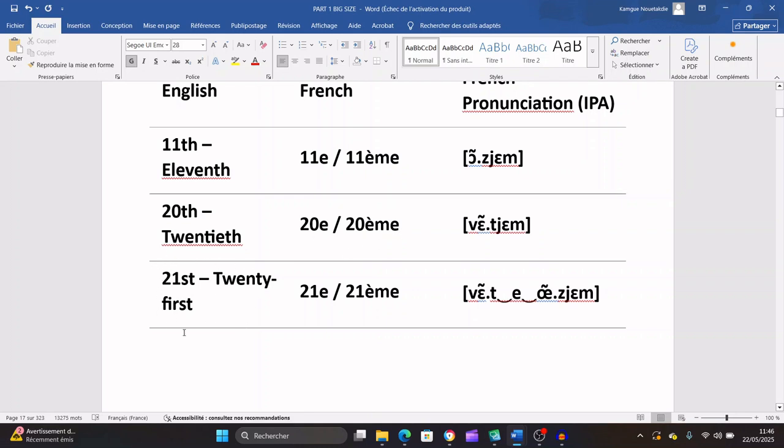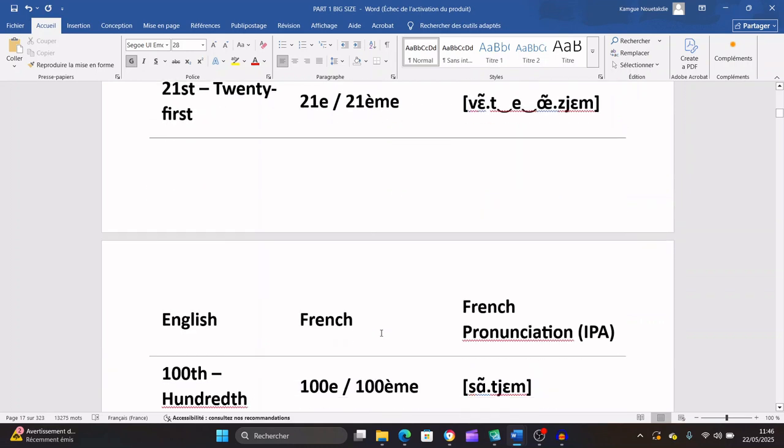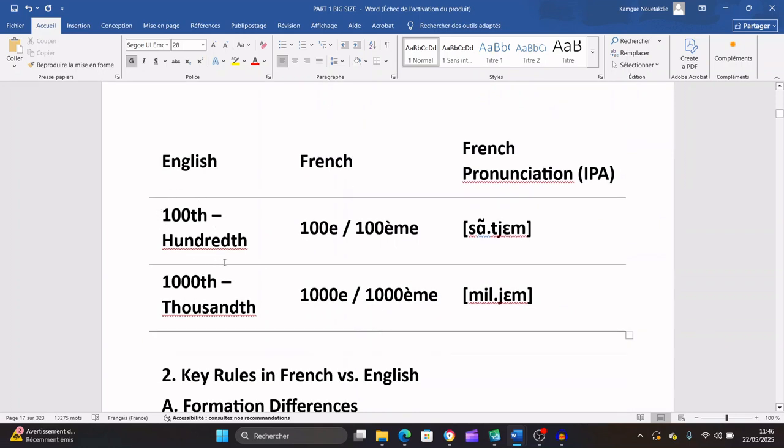21st. 21ème. 100th. Centième. 1000th. Millième.